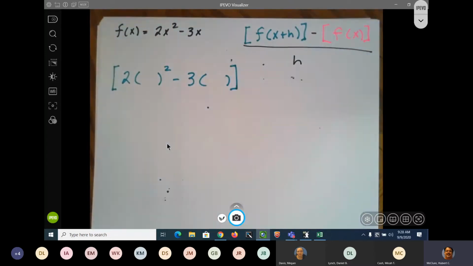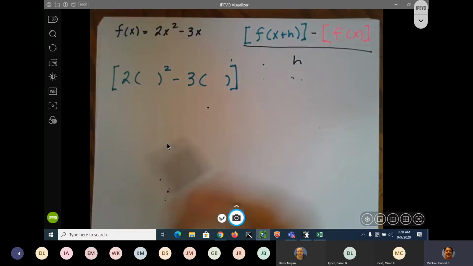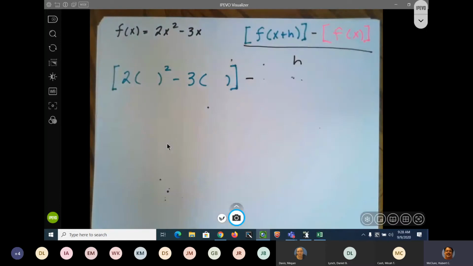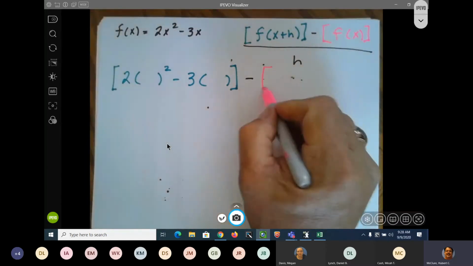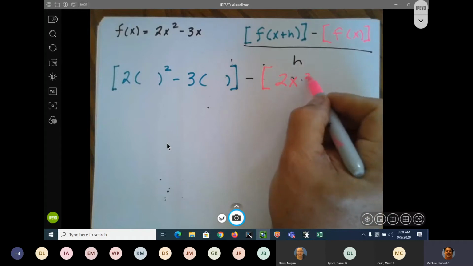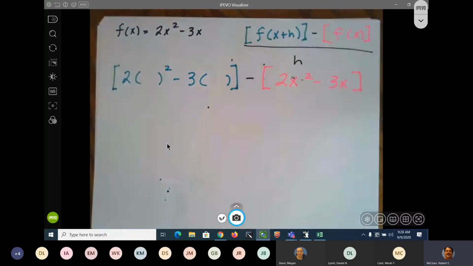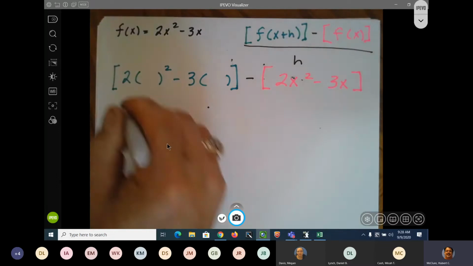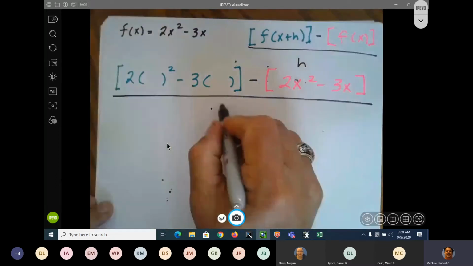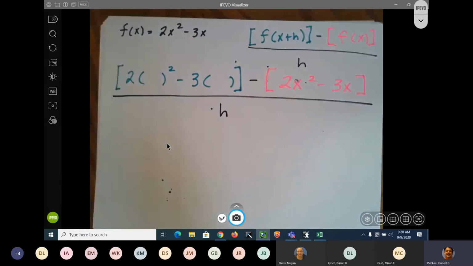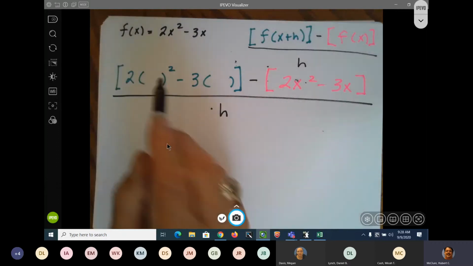And then what am I going to do for the pink? Well, it just says put f of x there. Okay, f of x is 2x squared minus 3x. And all that's going to be over h. Now somebody tell me, what am I going to plug in to these 2 parentheses here?